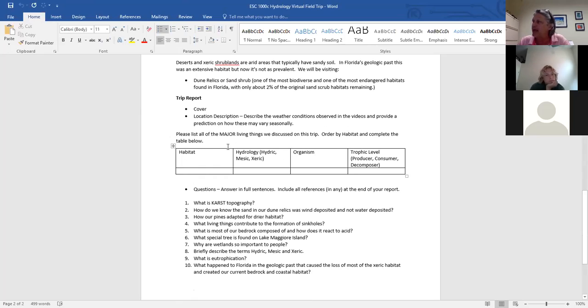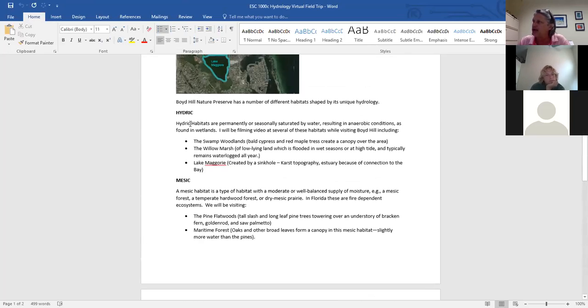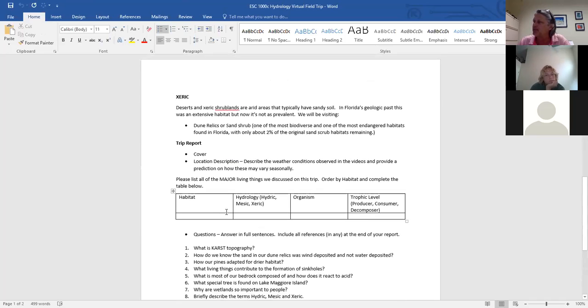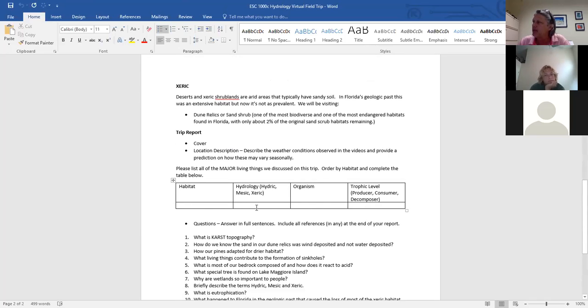List by habitat, and here they are: hydric, mesic, and xeric. List by habitat, and then where they were found, either in the lake itself or on shore, willow marsh, cypress swamp, and then the organism, whether it's a producer, a consumer, or a decomposer.